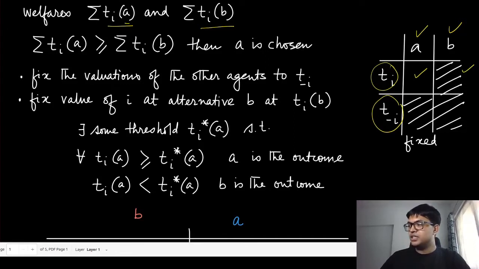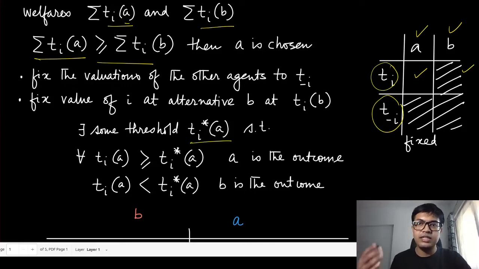Right? Now what happens is that if you change this t_i(A), you can choose t_i(A) to be sufficiently negative such that this inequality does not hold anymore. So in that case, B will start becoming the winner, and after a certain threshold value of t_i(A), which we are going to call t_i*(A), the outcome will start becoming A, because after that threshold this inequality starts becoming true.